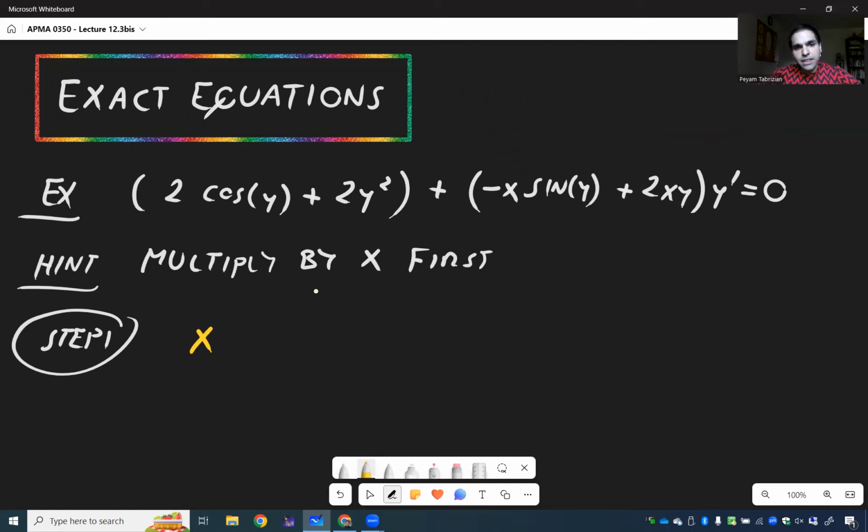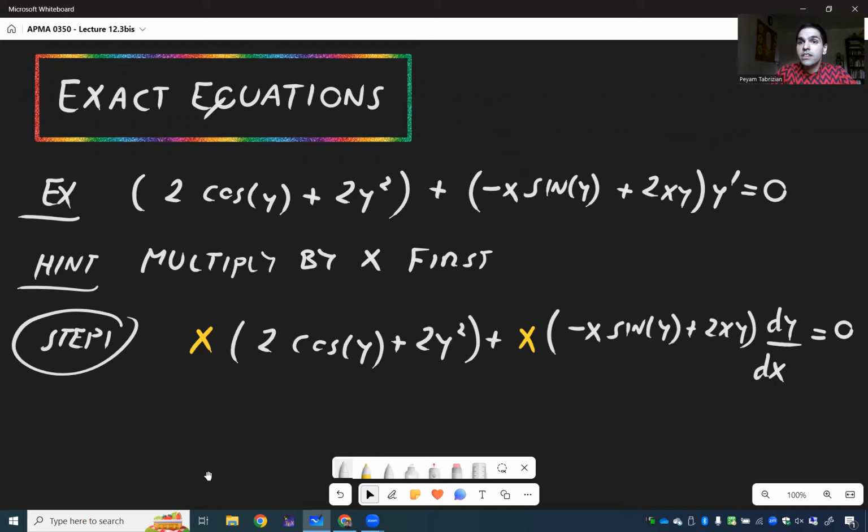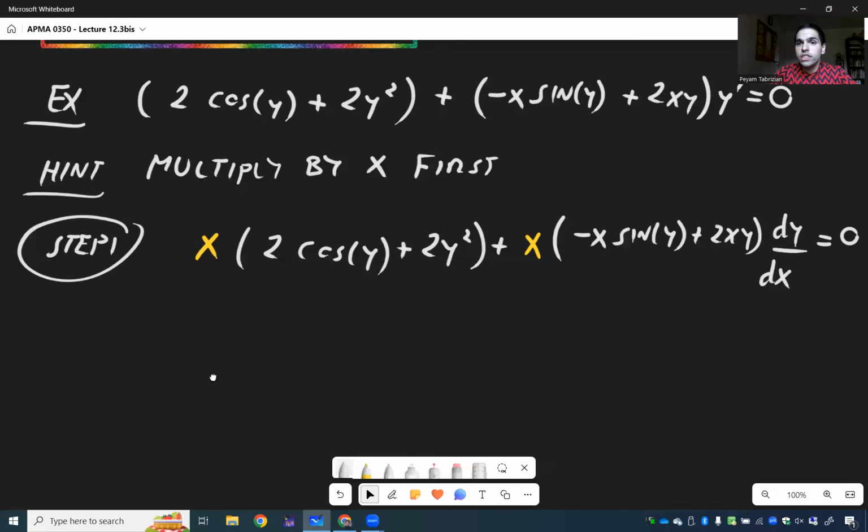So let's do that. x times (2 cos y + 2y² + x), and then minus x sin y plus 2xy, times dy over dx equals 0. And then we want to put it in the form p dx plus q dy.